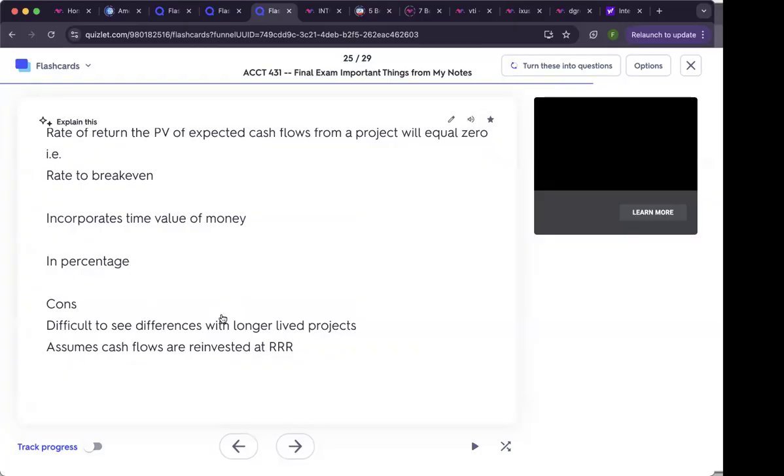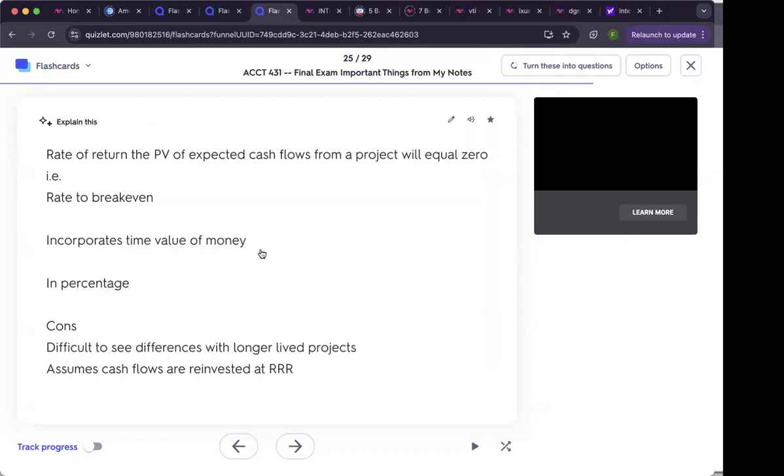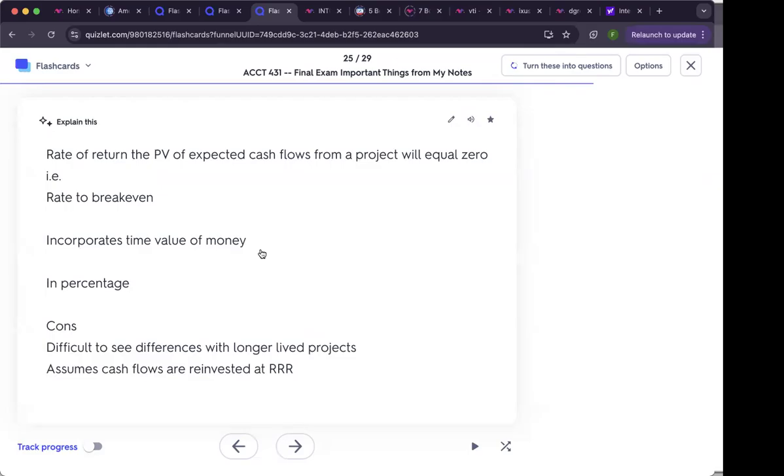IRR does have more cons than the NPV. It's difficult to see why you have the differences that you have with longer lived projects. Let's say you were looking at one project that was 5 years long of income, and another one of 25 years.